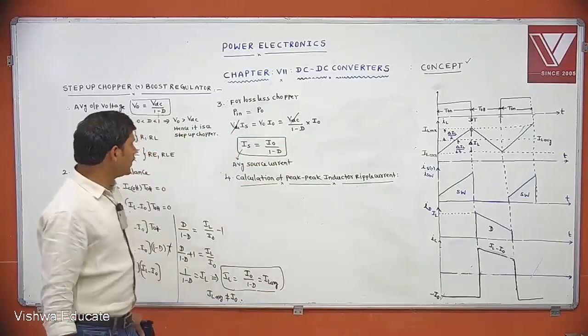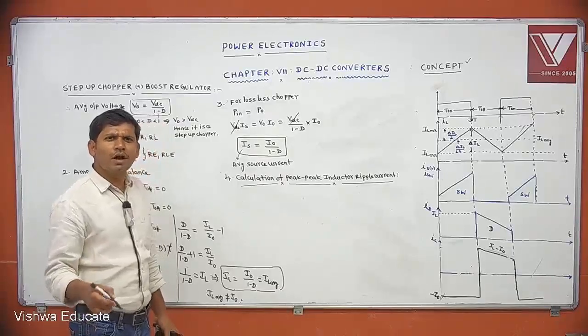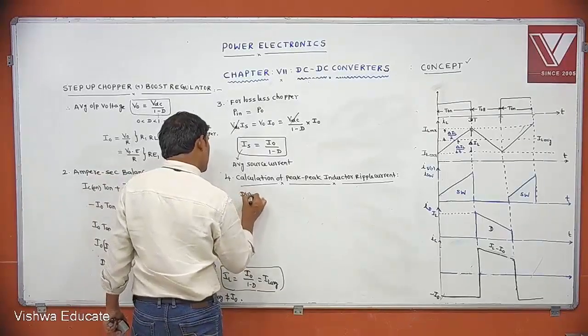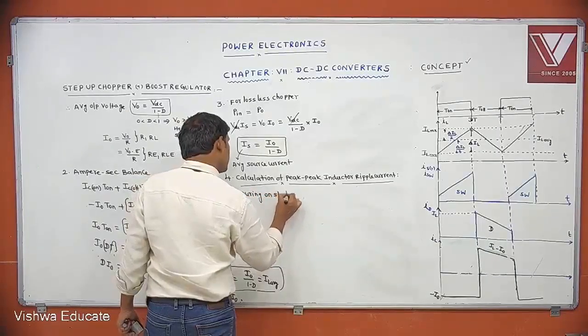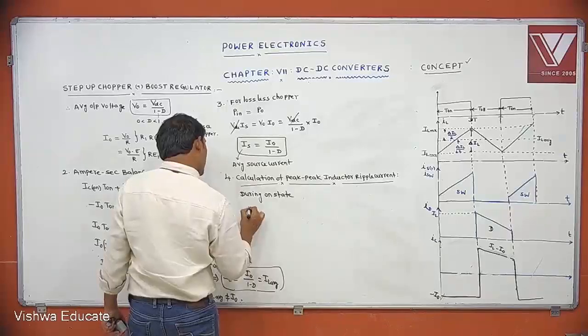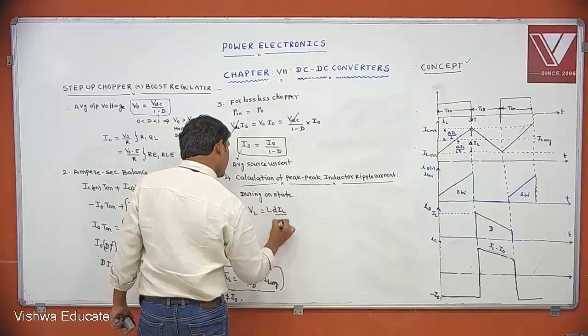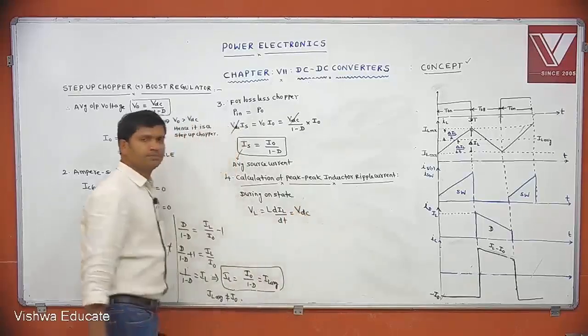To calculate peak to peak inductor ripple current, you take either the on state or the off state. Take the on state. What is VL equal to? L into dIL by dt is equal to VDC.